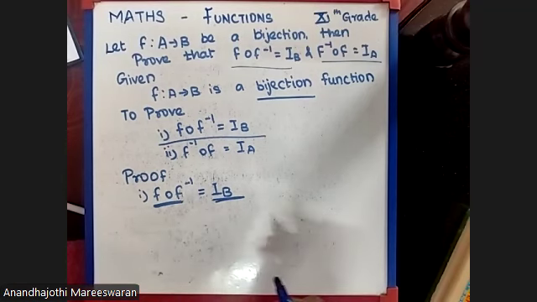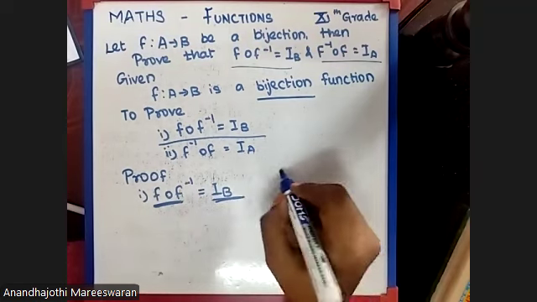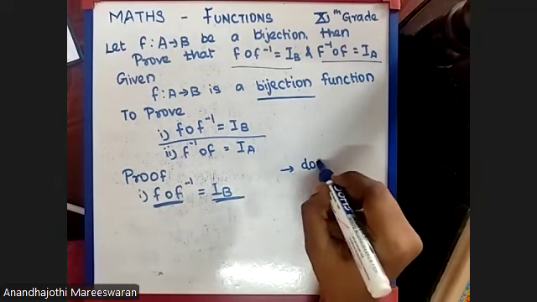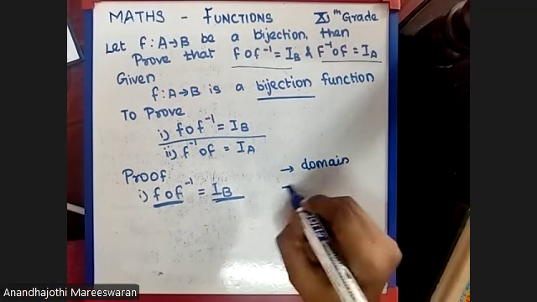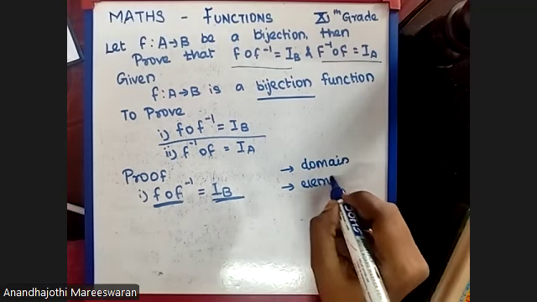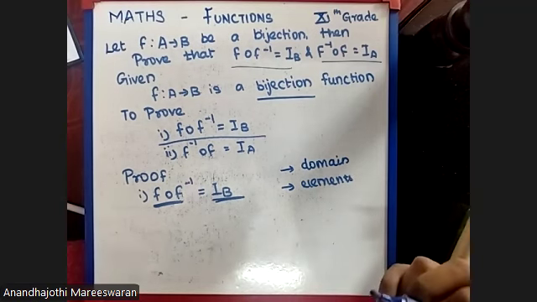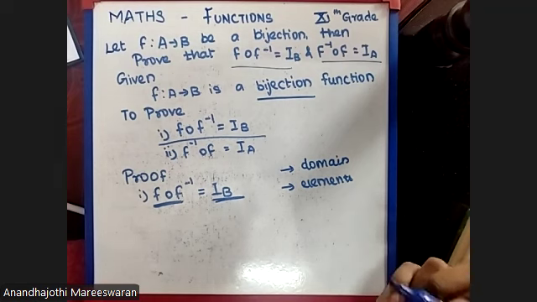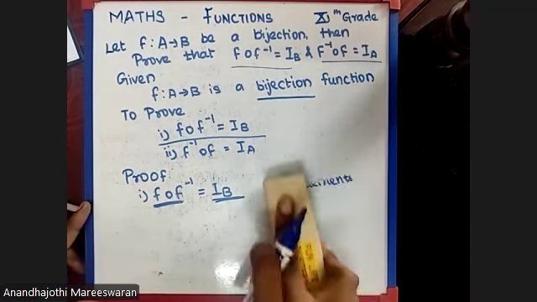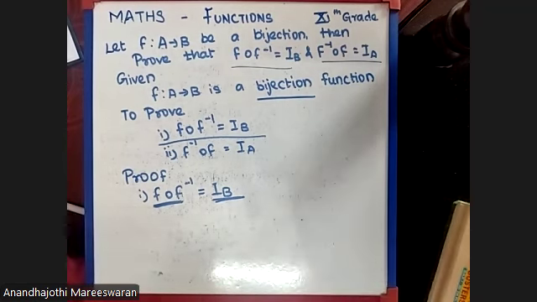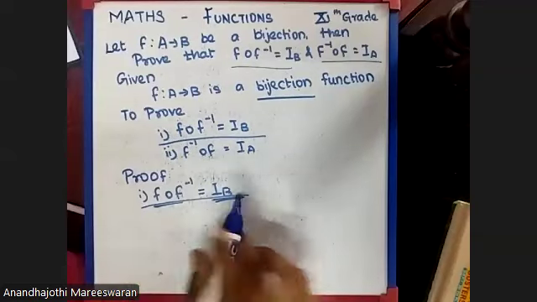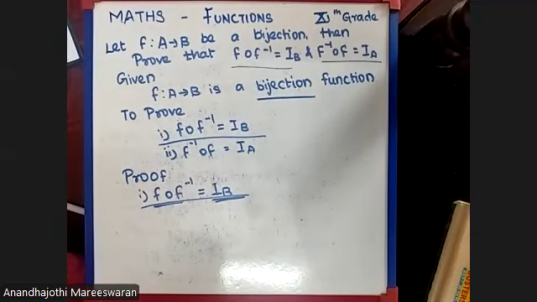To prove two functions are equal, what are we going to check? We check the domain first, and then a random element test. Okay? Do you guys copy it? I will give you 2 minutes so that you can copy and we can start this proof freshly.